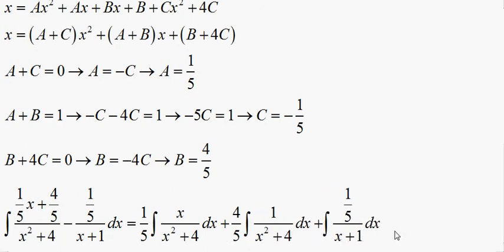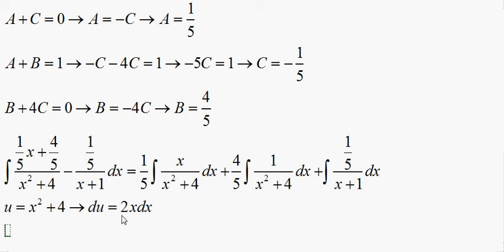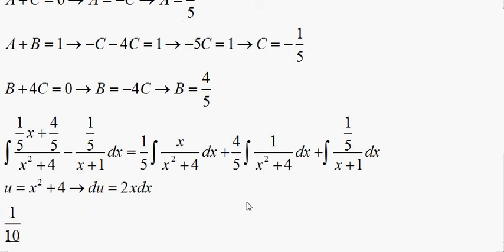So for this first one, you make the substitution of u is equal to x squared plus 4, so du is equal to 2x dx. You make the substitution, and you're going to get 1/10, because you're going to get the integral of 1 over u du.